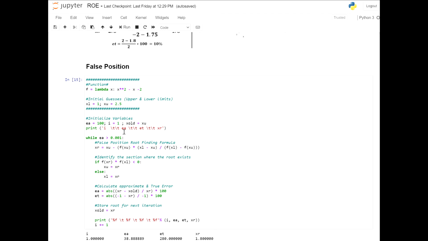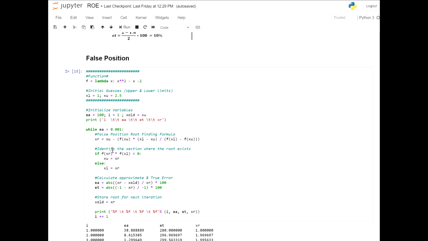Same initializations. Here's the main loop. We define what the XR is. Then we identify the section where the root exists. Then we calculate the approximate and true error, store the approximation, count the next application of whatever method we're doing, then we repeat. Now I want you to look a little bit closer at this loop.